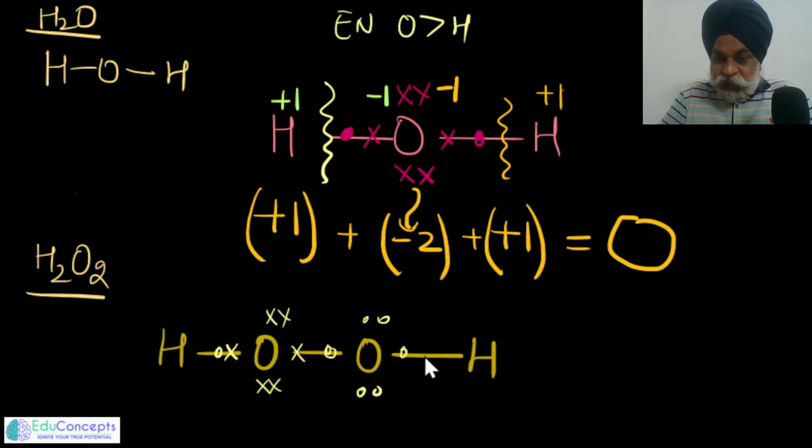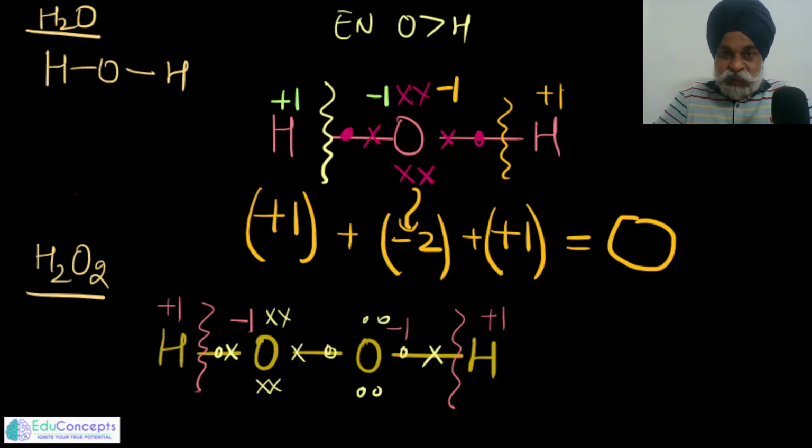I am writing cross and dot so that we can easily detect which electron belongs to which element, because it is mutually shared. Now you have to break this bond if you want to find the oxidation state of hydrogen. So it comes out to be +1, oxygen being more electronegative. This is -1 because this electron of hydrogen is now with the oxygen. Similarly on this side also, this is +1, this is -1.